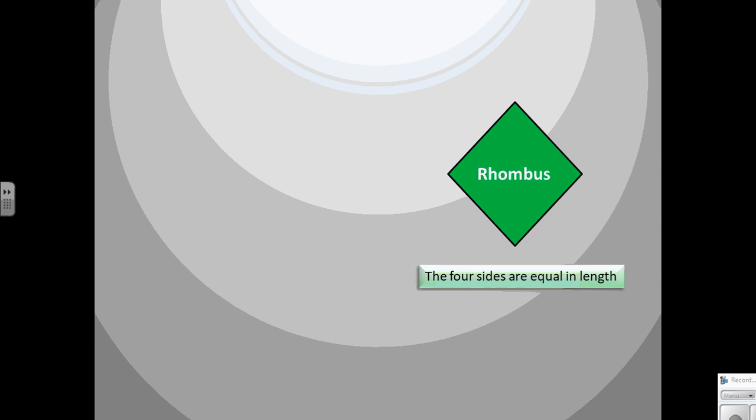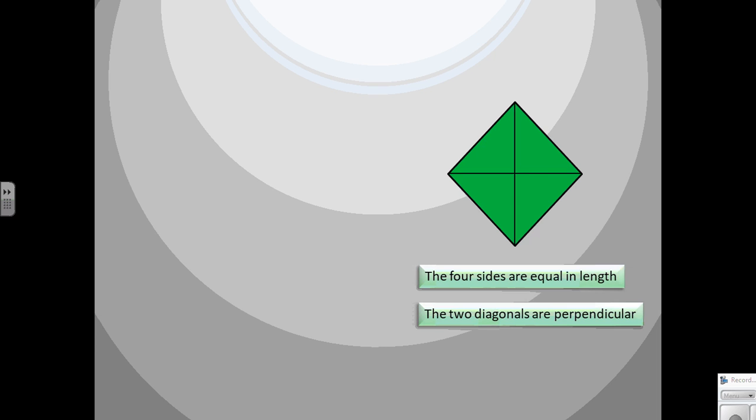The first one: the four sides are equal in length. The second property: the two diagonals are perpendicular.